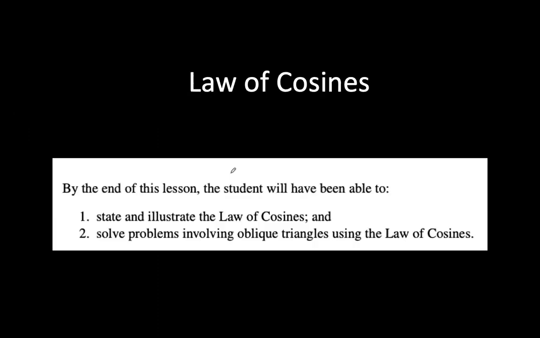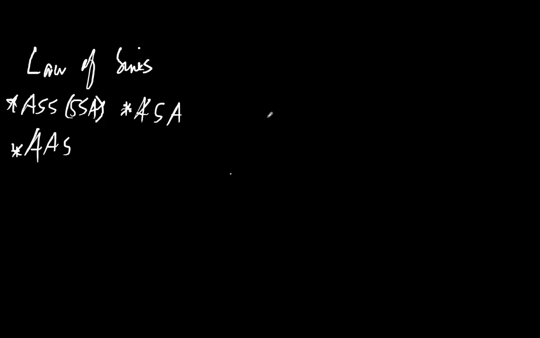However, class, there's another law that can be used when the given triangle does not fall under the category SSA, ASA, or AAS. All right? So what are those categories? Of course, those which are not part of the three cases. The first one is the SAS, and the SSS. Right?